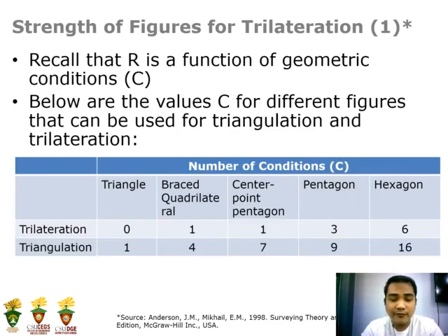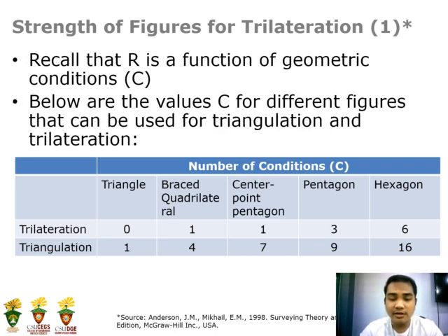We have here for a triangle, in trilateration the number of conditions, or C, is 0, while in triangulation it is 1. For a braced quadrilateral, in trilateration C is 1, and in triangulation it is 4. For a center point pentagon, in trilateration C is equal to 1, and in triangulation C is equal to 7. For a pentagon, in trilateration C is equal to 3, and in triangulation C is equal to 9.